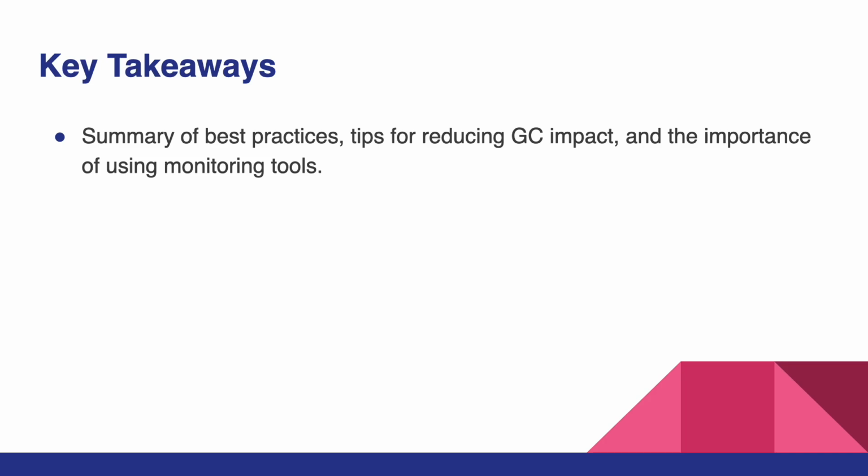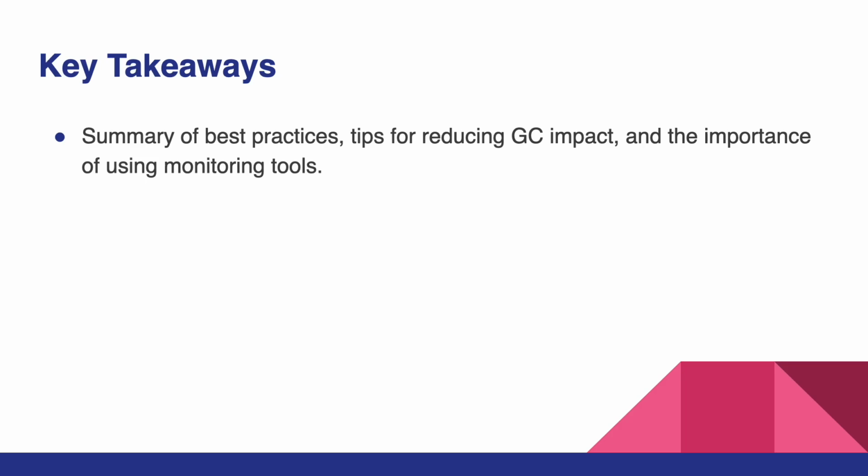To wrap up, we have explored the key aspects of Java 8 memory management. We looked at the structure of memory, including the heap, stack, and metaspace, and discussed garbage collection and its impact on performance.